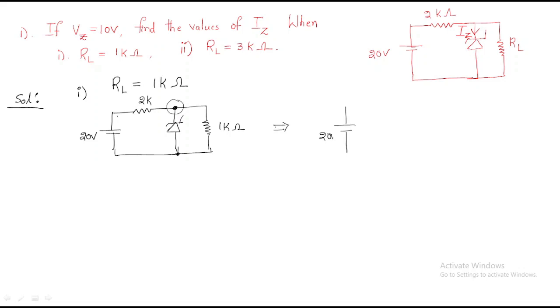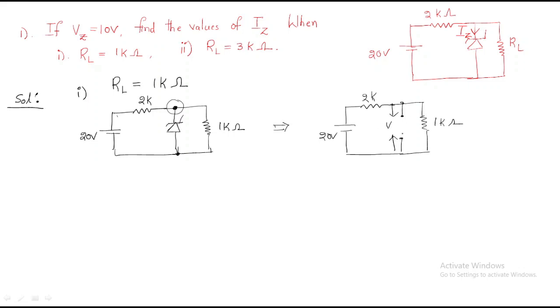So 20 volts, this is 2K, and we don't know how much voltage here. Take it as some V, and this load is the 1 kilo ohm.